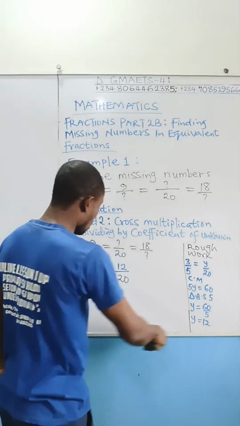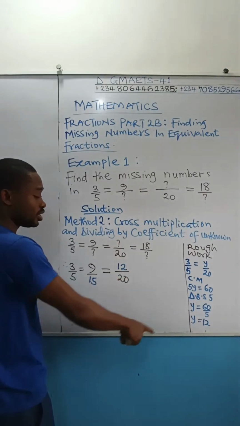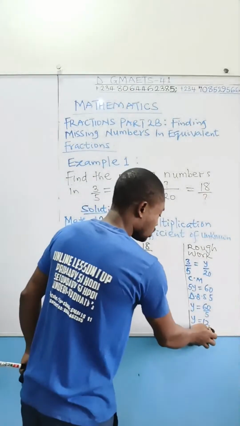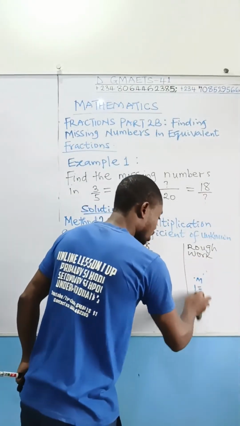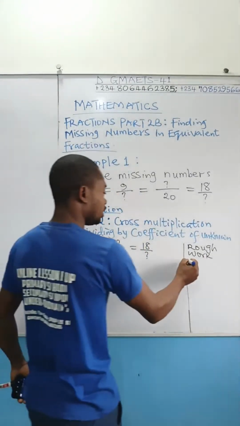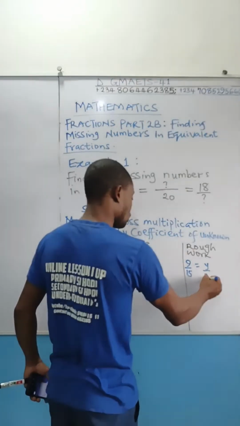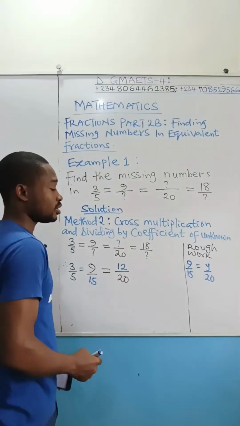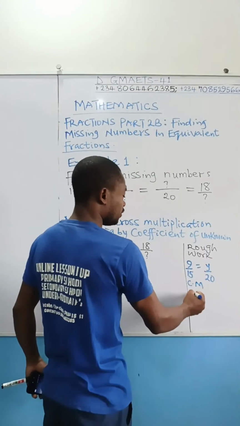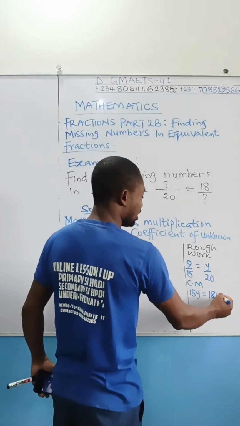Let us find out that we could have used 9 over 15 equal to y over 20 to get 12, just like I used 3 over 5 to obtain it here. So let me wipe this, and then we are going to use 9 over 15 equal to y over 20. From here you cross multiply. If you cross multiply, you are going to get 15y equal to 9 times 20, which gives you 180.